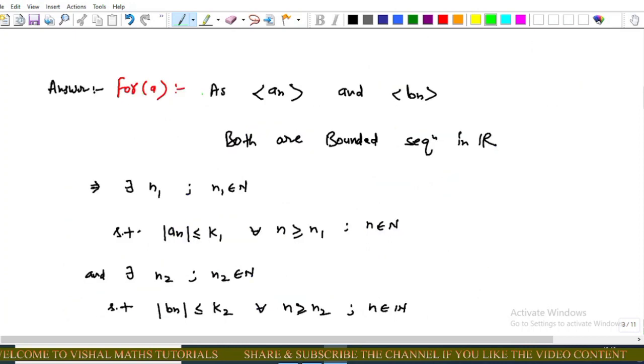Now, as we know that sequence a_n and sequence b_n are bounded sequences in R, this implies that using the definition of a bounded sequence, there exists k1 such that |a_n| is less than or equal to k1, and there exists k2 such that |b_n| is less than or equal to k2.